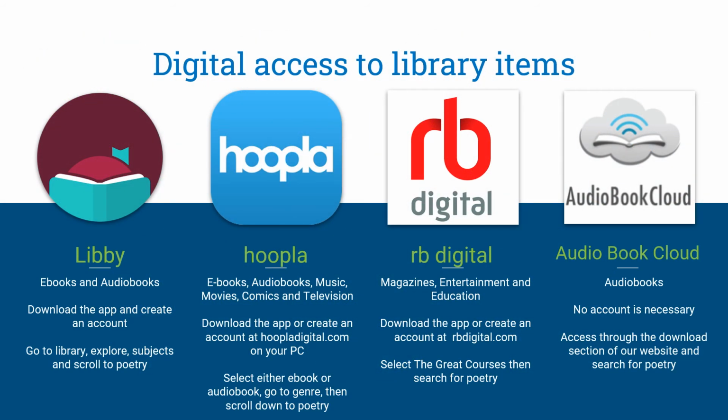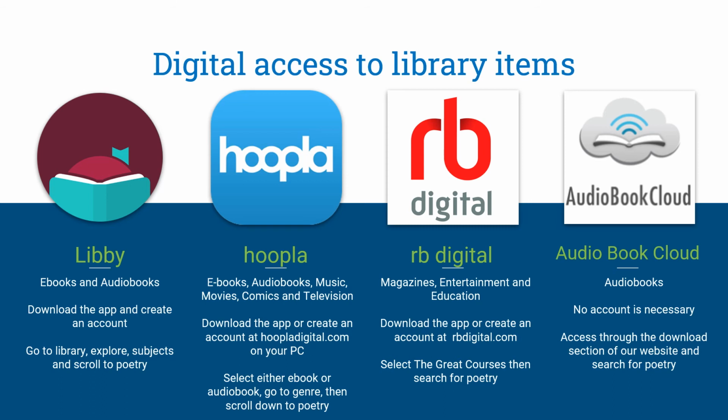If you're looking for some poetic inspiration, you have some options. The first one here is Libby. It's excellent for ebooks and audiobooks. You will need to download the app and create an account, but once you're in, you'll go to Library, Explore, Subjects, and then scroll down to Poetry.